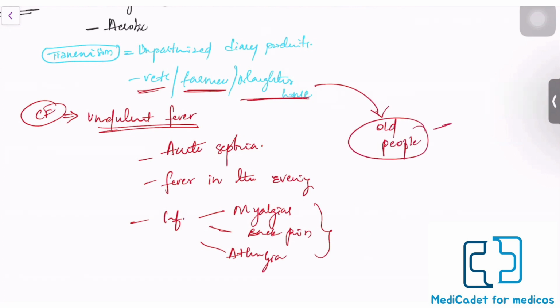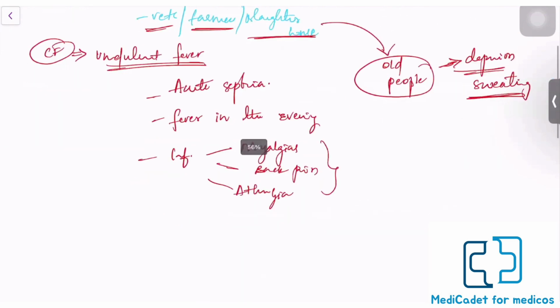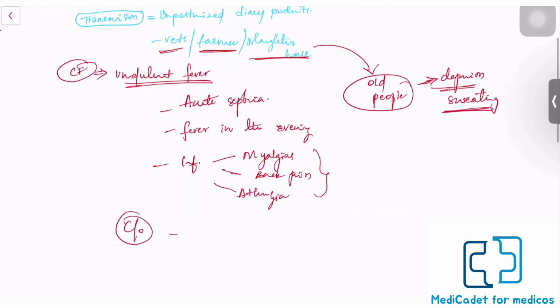They'll have cyclic bouts of fever and sweating. A very important complication is osteomyelitis. We are going to see a few more bugs which cause osteomyelitis. Like Salmonella also has the complication of osteomyelitis, and a few others which we'll discuss later. So that is about brucellosis.